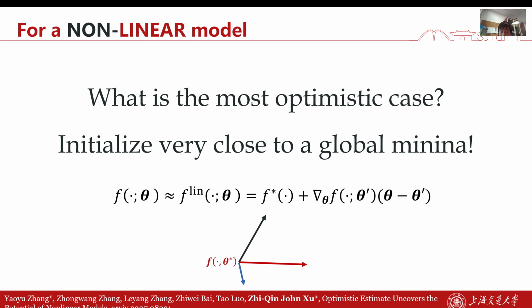This is also a function of the input; this dot indicates the input x. So it's just a linear combination. Each direction indicates a basis of this gradient, or this tangent. Actually, we consider the tangent space a linear space.